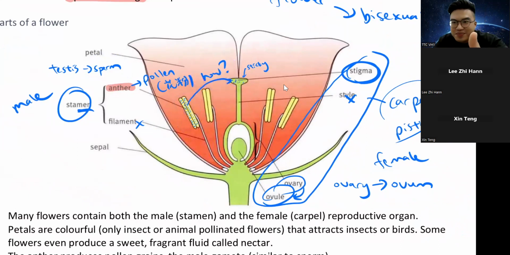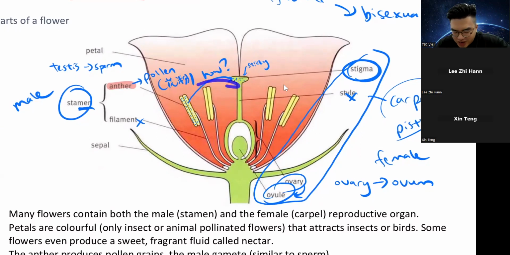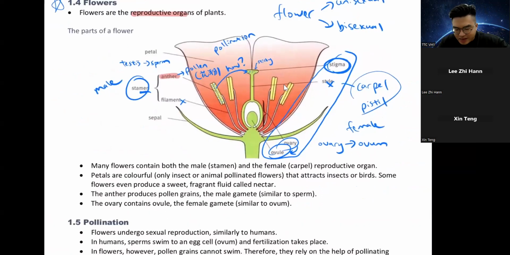You have wind, you have insects, you have animals. This process I'll talk about later. It's called pollination.